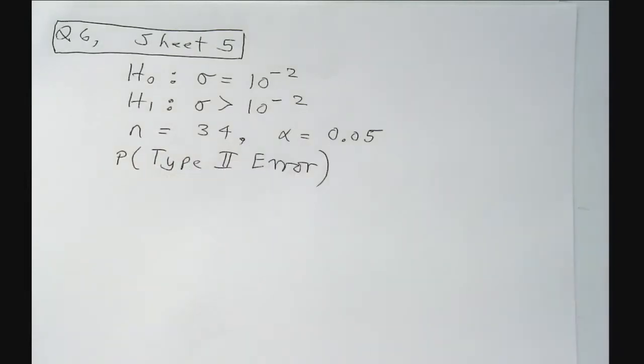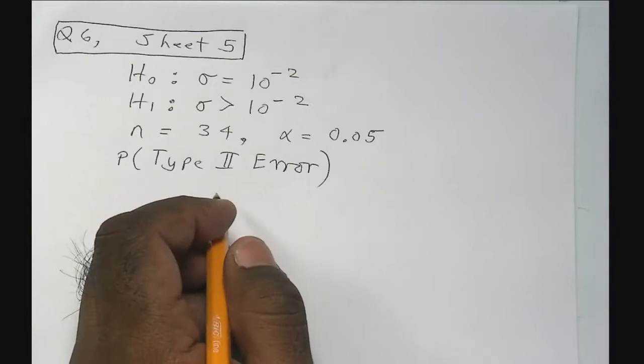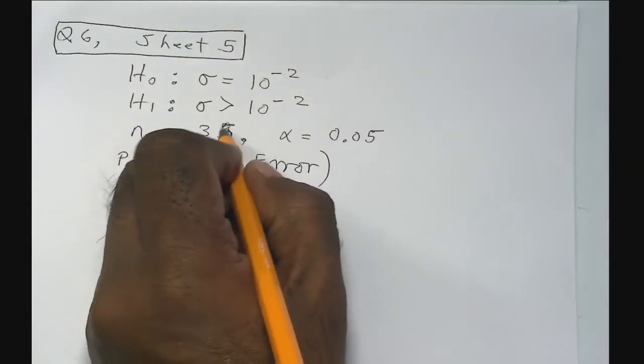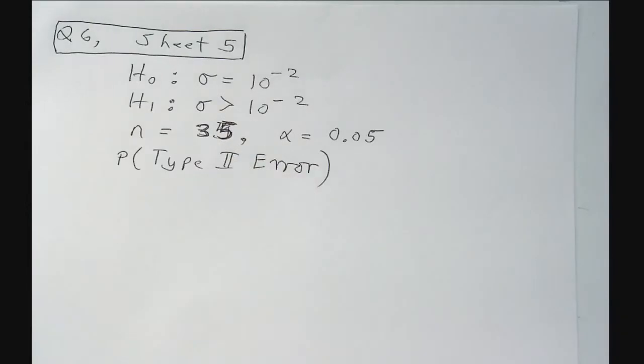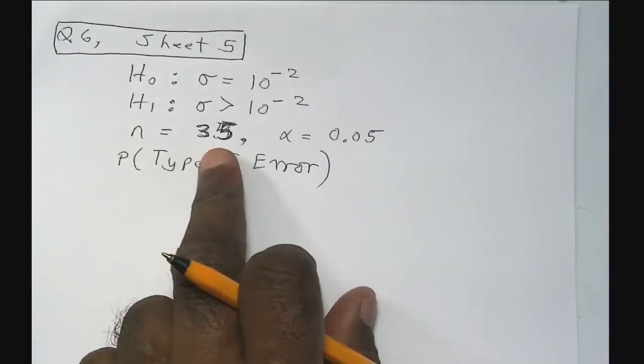So you are given the hypothesis that sigma, the population standard deviation, is equal to this versus this. And the sample size you're given is 34 or 35, I think. It's 35, right? Sorry guys, it's 35, because I don't have my glasses with me. Yeah, the sample size is 35.